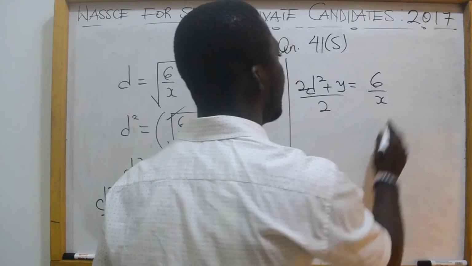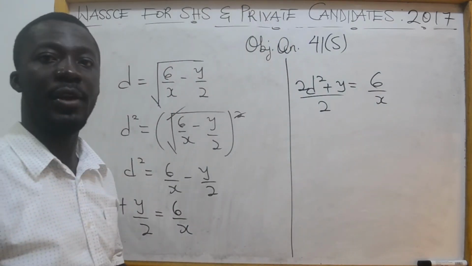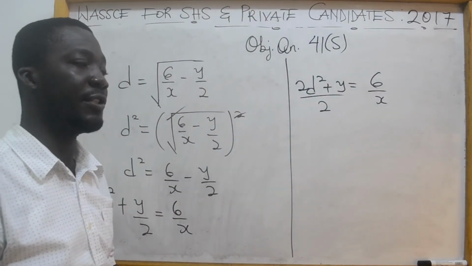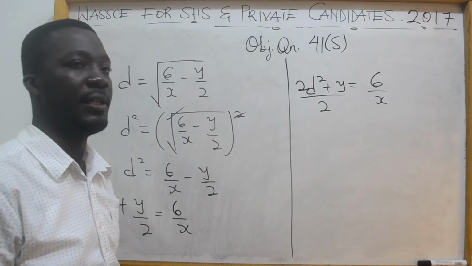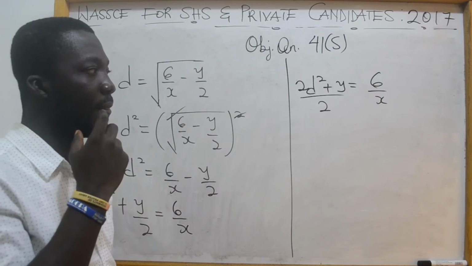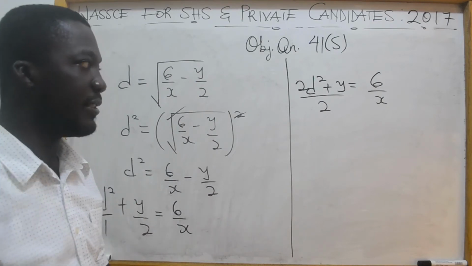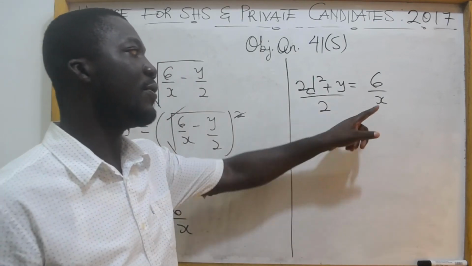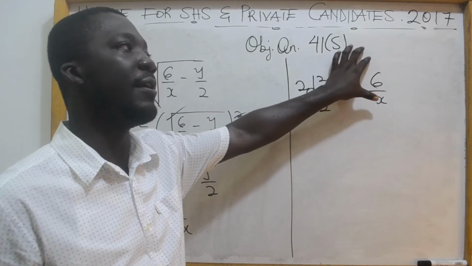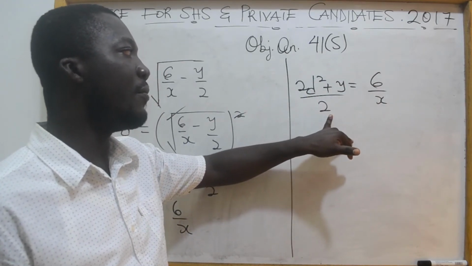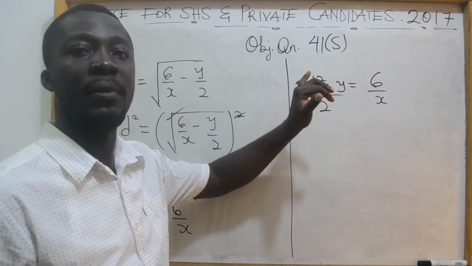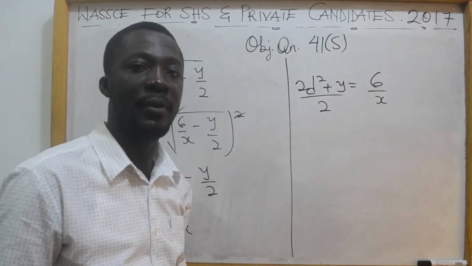6 over x. So when we get here, we can apply cross multiplication to make x the subject. But we can also interchange the positions so that the x becomes the numerator, 6 will become denominator, 2 will become numerator, then 2d squared plus y will become denominator.